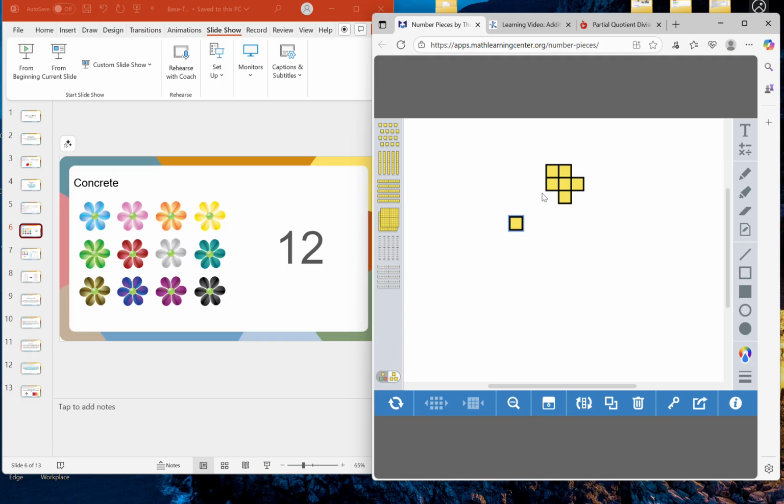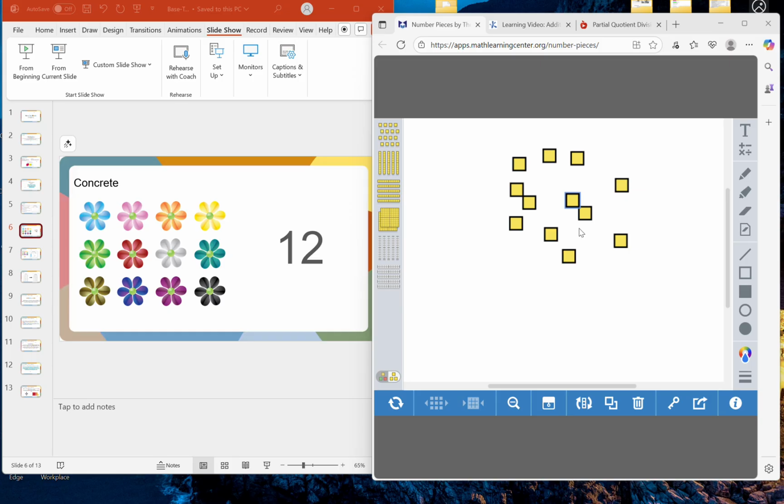Now let's go ahead and spread them out. This helps us see that there's 12 units. Now each cube stands for 1 flower and 1 count.